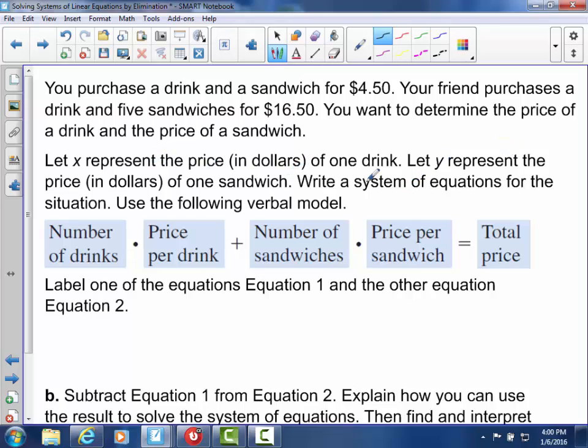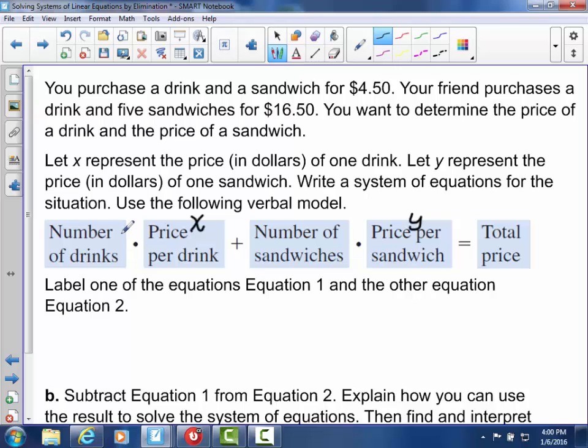Write a system of equations for the situation. Use the following verbal model: the number of drinks times the price per drink plus the number of sandwiches times the price per sandwich equals the total price. This is going to be our X, and Y is going to be our price per sandwich.